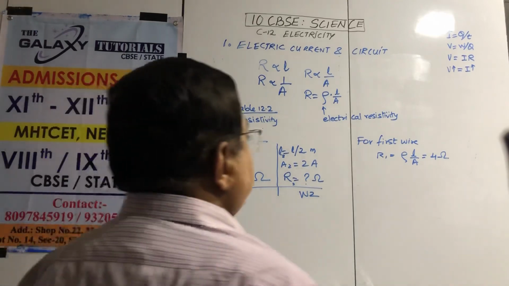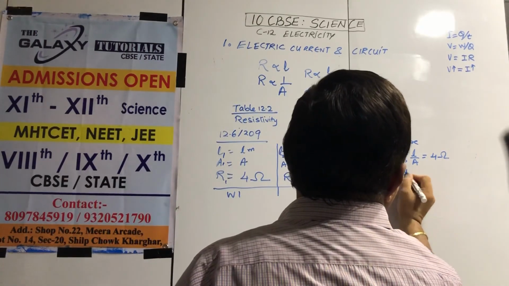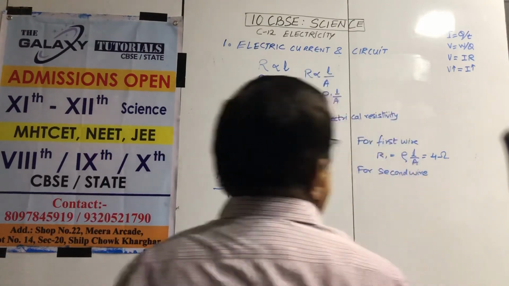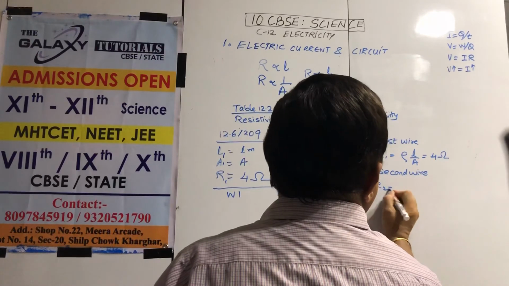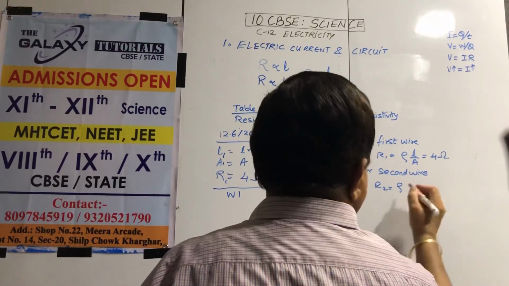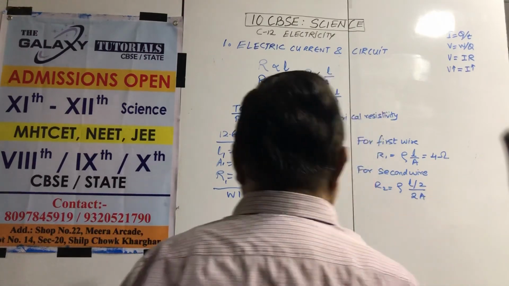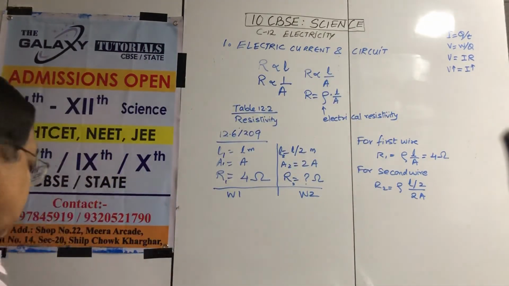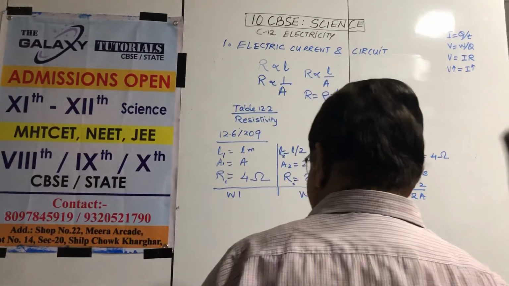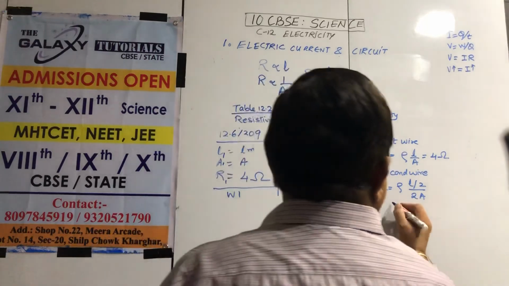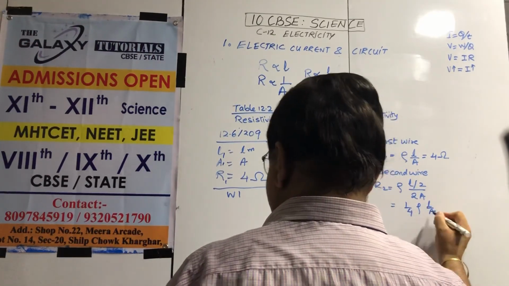Since the material is the same there is no separate rho, but I can still put R1, R2, because we have taken two cases. Now for the second wire, R2 is equal to rho, because the metal is the same, L by 2 and 2A. When you solve L by 2 upon 2A, you will see this will become 1 upon 4 rho L by A.